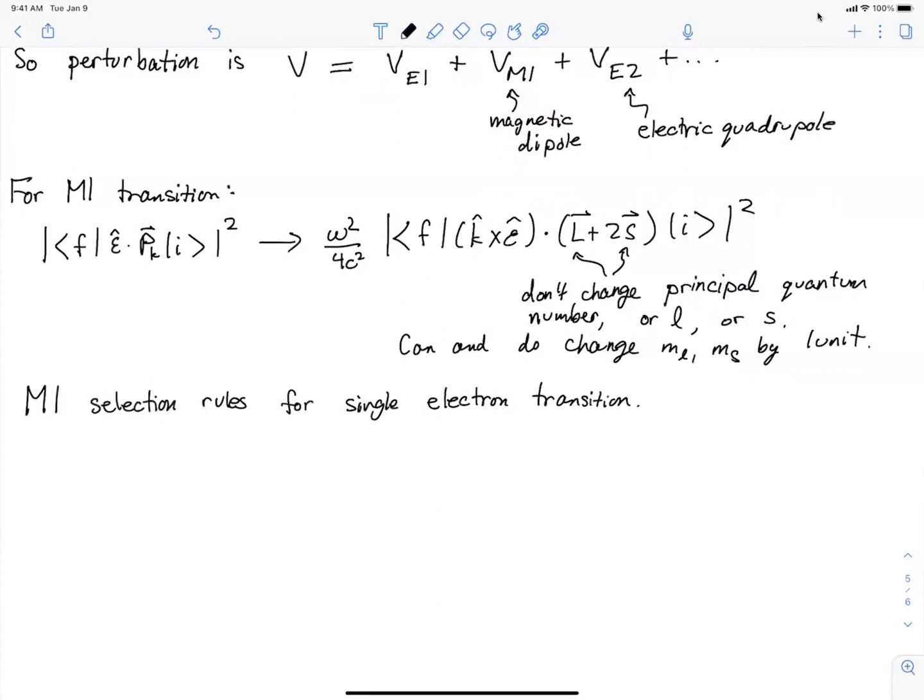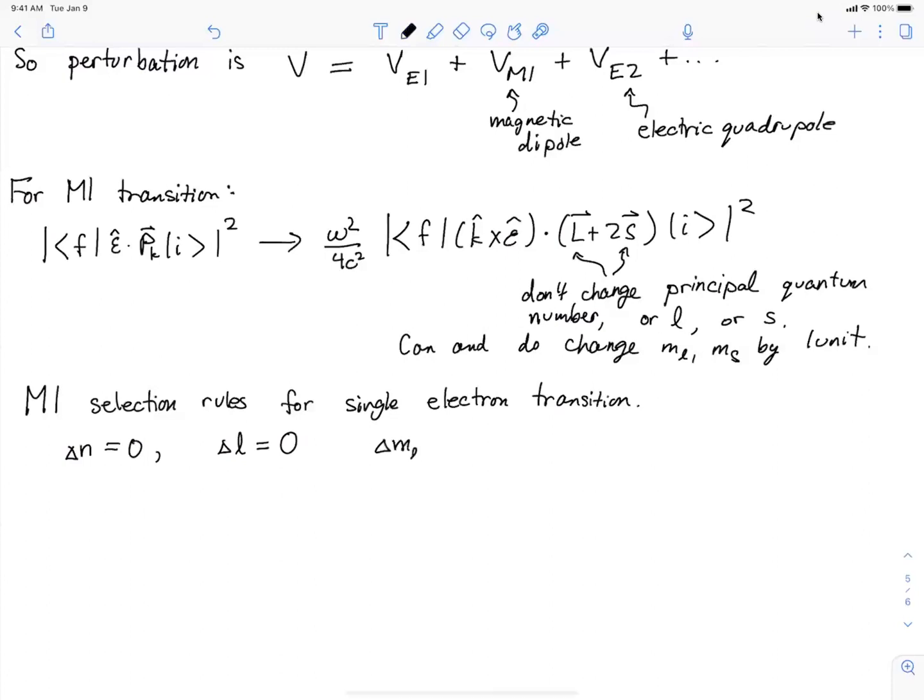It would also apply in a more complicated atom, as long as your transition of your atomic state is just moving one electron from one orbital to another, right? So in that case, the principal quantum number doesn't change. The orbital angular momentum doesn't change.